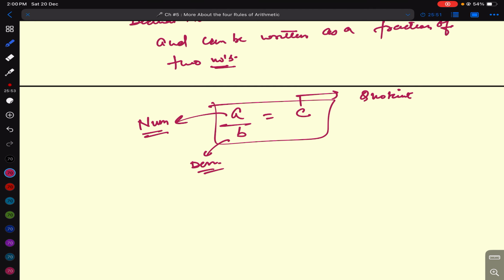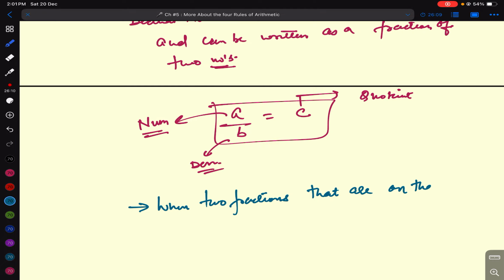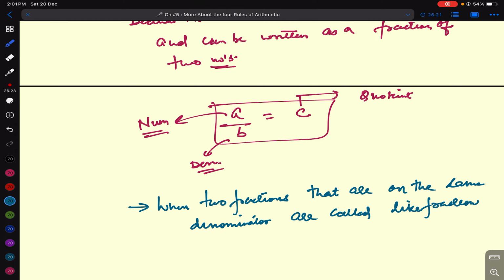Now when we have two fractions that have the same denominator, we call them like fractions. They are known as like fractions, and it is easy to add or subtract like fractions.